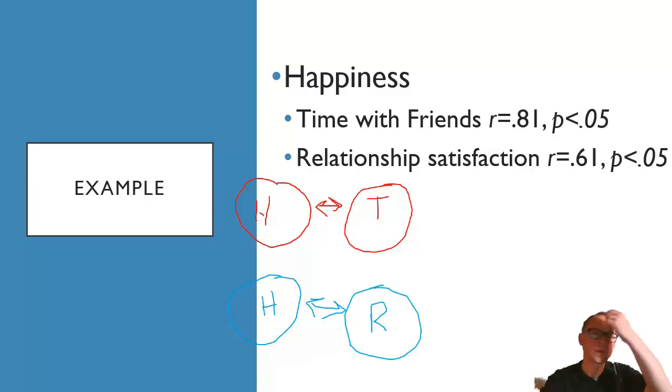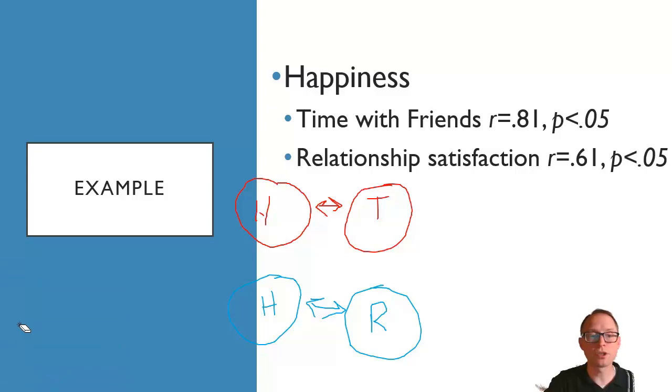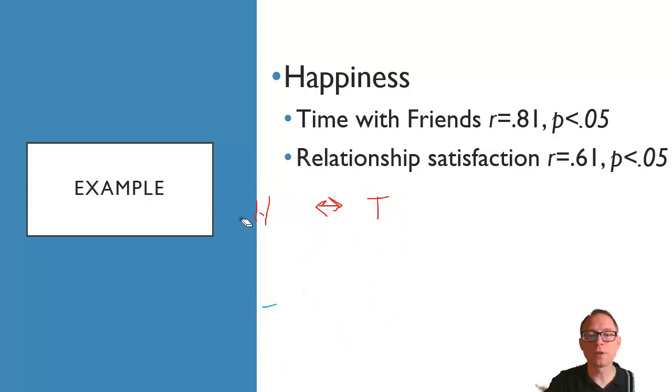But I have a question for you. Could it be that relationship satisfaction and your time with your friends are correlated with each other? Could it be that they overlap with each other a little bit? Could it be that these things all have effects on each other?